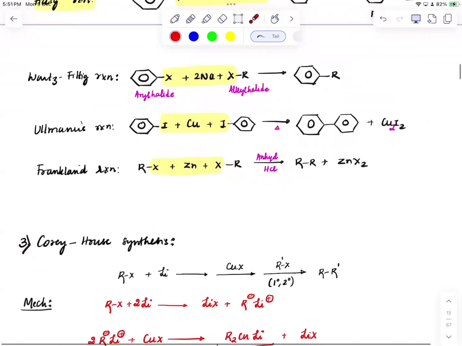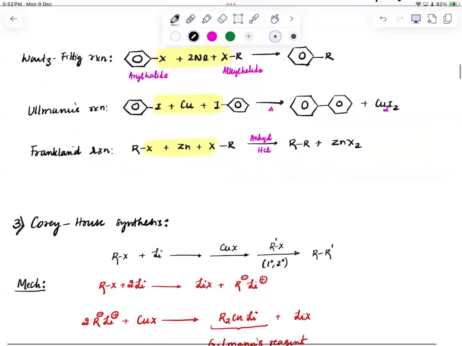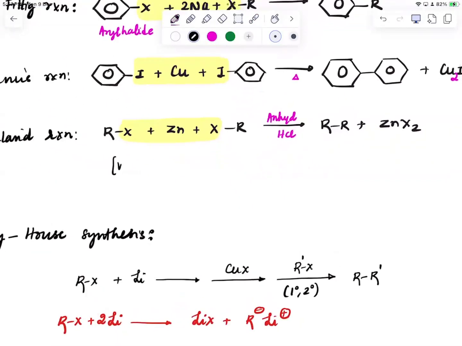So you could notice that we can get alkanes similar to the Wurtz reaction using Frankland also. And this reaction is valid for both alkyl and aryl halides.